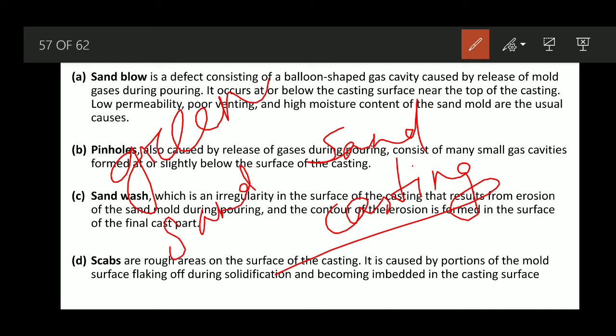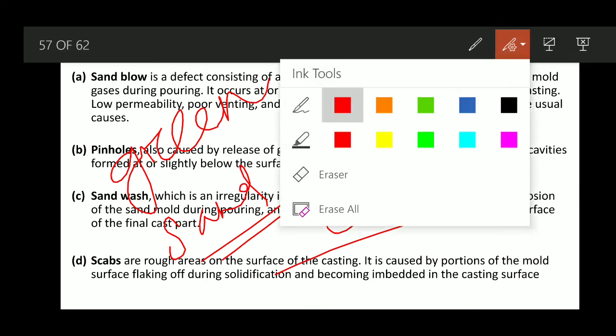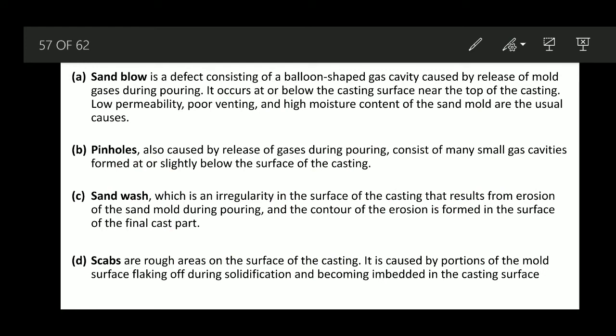So these words you already know. In case of green sand, basically moisture content is there. Now we are going to discuss the different problems which may occur in sand casting.